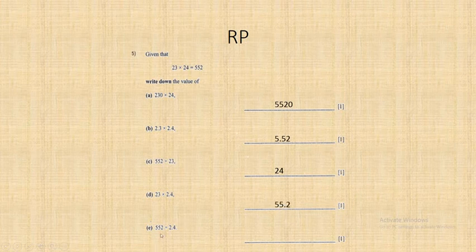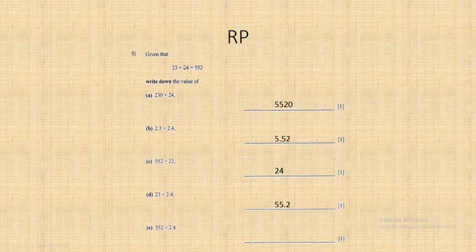And here, the last one, it's 552 divided by 2.4. So guys, what do you think? When you divide by a large number, the answer is getting smaller. But when you divide by smaller numbers, the answer gets bigger. So here, it's 552 divided by 24 equals 23. We know that.